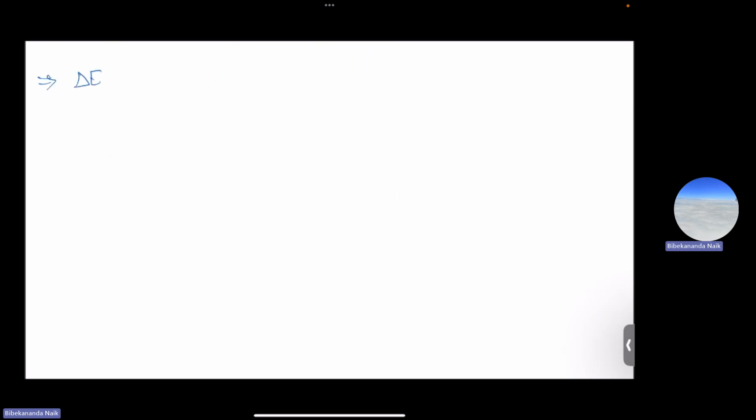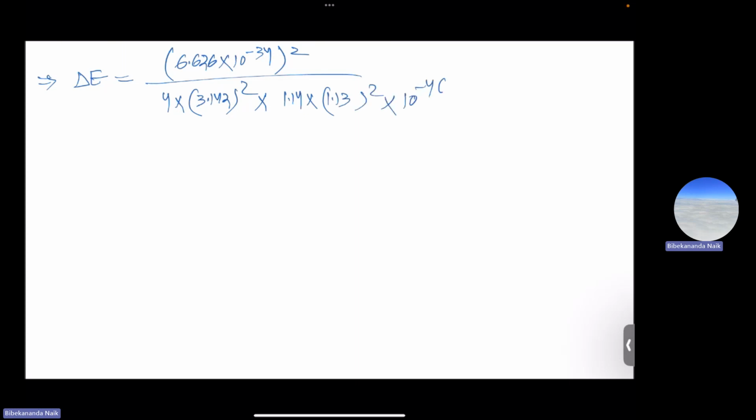So delta E will be 6.626 into 10 to the power minus 34, squared, divided by 4 into 3.142 square into the value of moment of inertia, which is 1.14 into 1.13 square into 10 to the power minus 46.